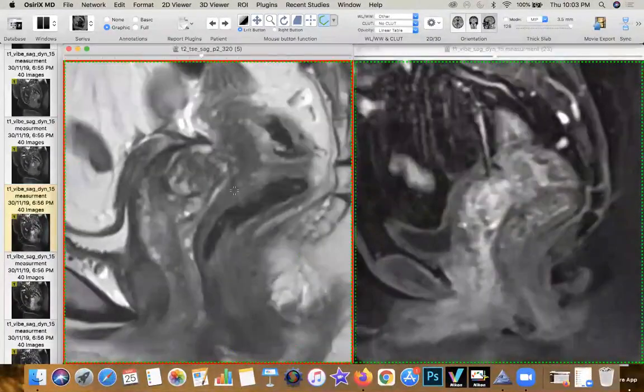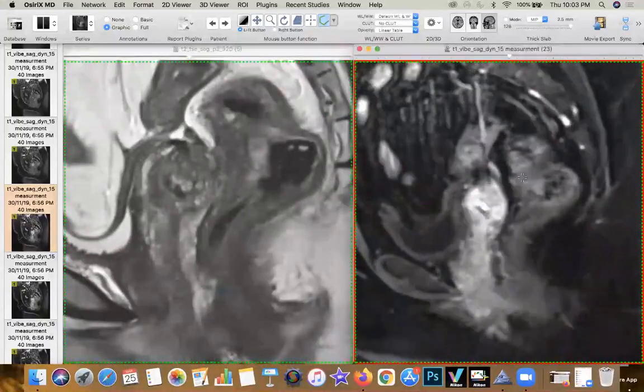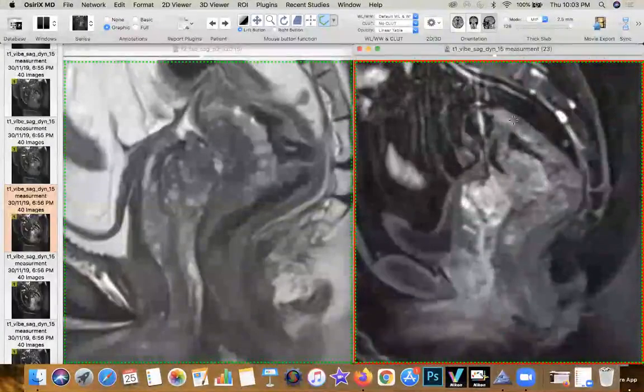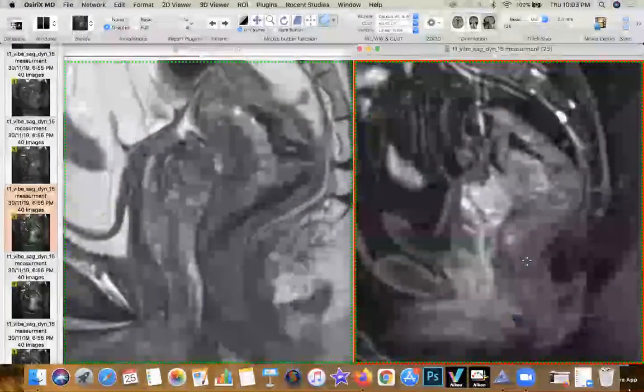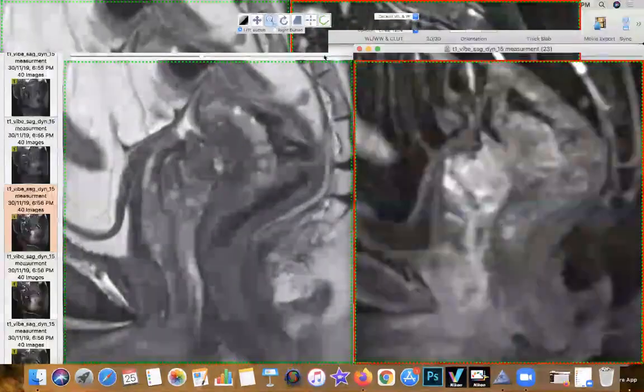Also, whenever you see areas of enhancement like this, you need to make sure that there are no skip areas of involvement. So that's a classic area for which you may have to raise an index of suspicion, which is hyperperfusing within the rectal wall.